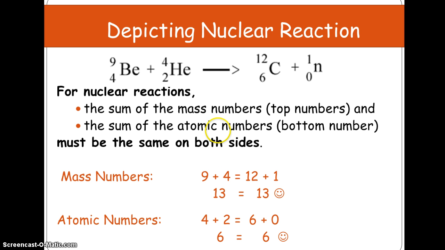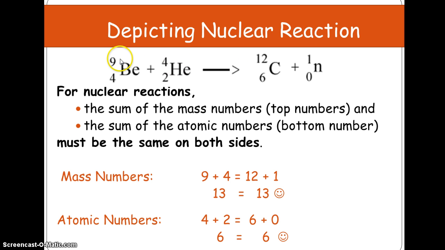Now when we show nuclear reactions, there's two key points to keep in mind. The mass numbers are going to be the same on both sides of the equation. And the atomic numbers are also going to be the same on both sides of the equation. Let's take a look to see how this works out. The mass numbers are going to be the same on this side of the equation as on the right side.